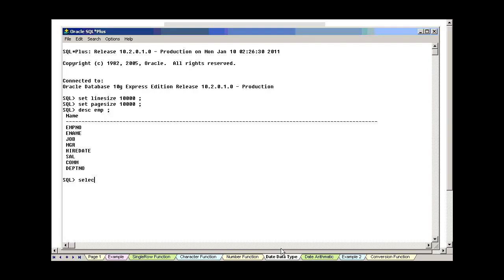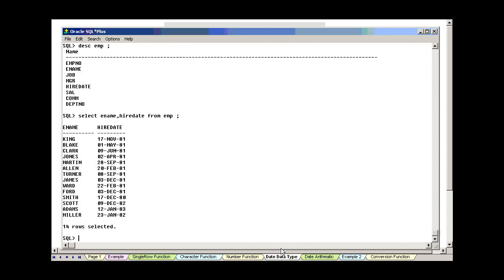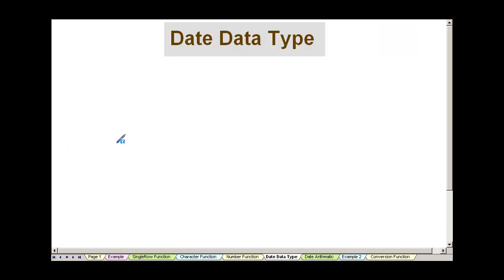So if I do select ename, hire date from EMP, what we're seeing is the hire date as 17 November 81.